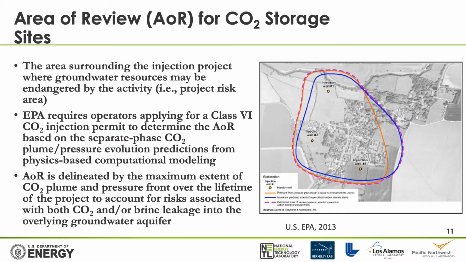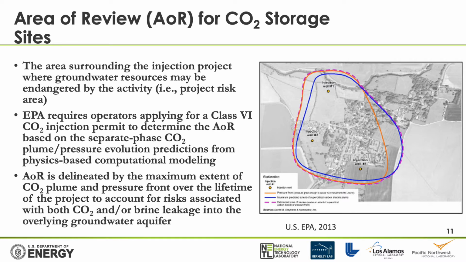The area of review for a carbon storage site is the area surrounding the injection project where groundwater resources may be endangered. The EPA requires operators applying for a Class 6 CO2 injection permit to determine the area of review based on the separate phase CO2 plume and pressure evolution predictions from physics-based computational modeling.